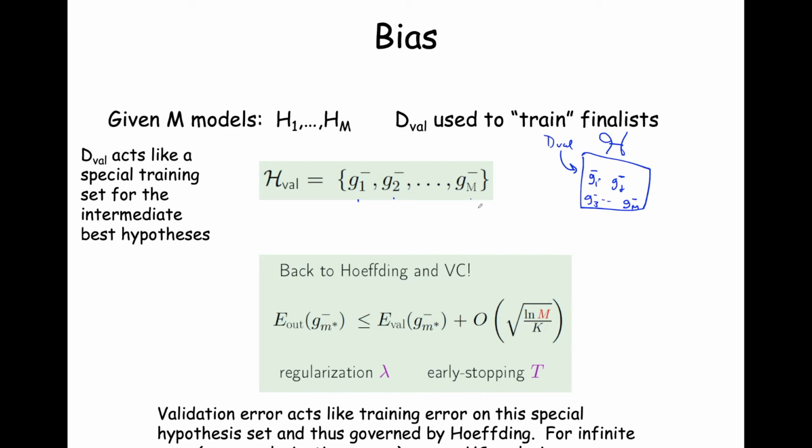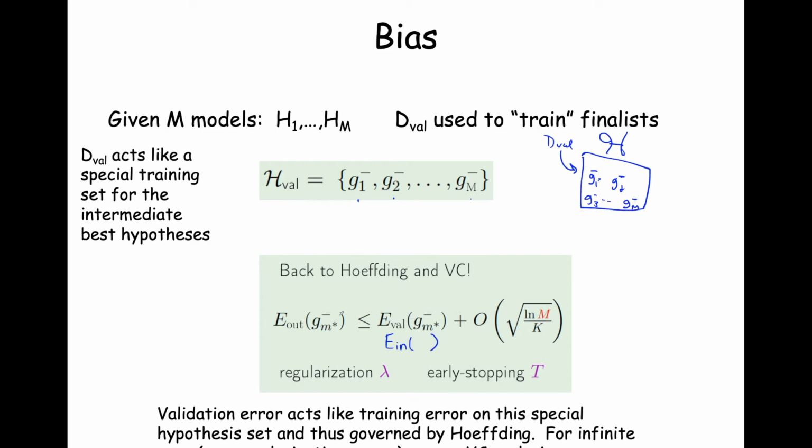And because it looks like learning, we can relate this back to Hoeffding's inequality. As a learning algorithm, for this secondary learning to train the finalists, as it were, the validation error acts a lot like E in. It's the in-sample error for this secondary phase of training.